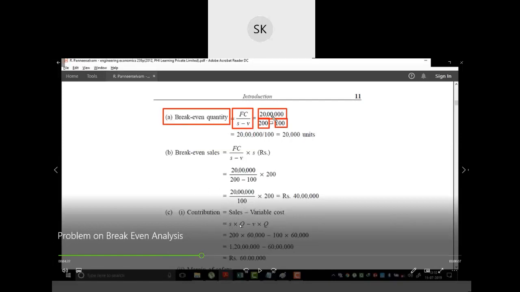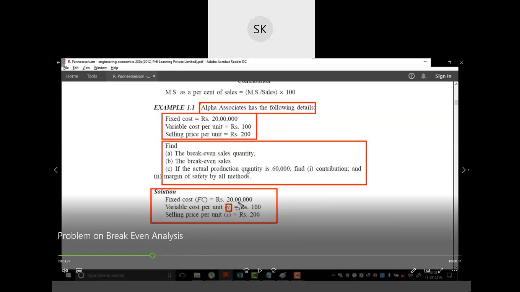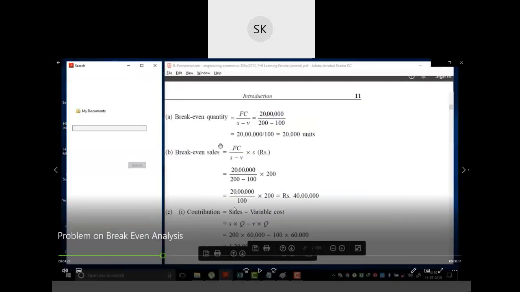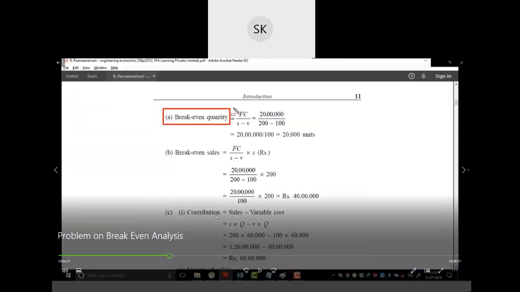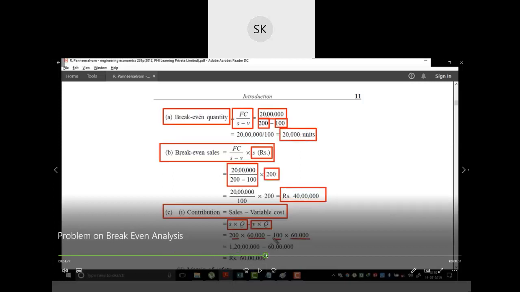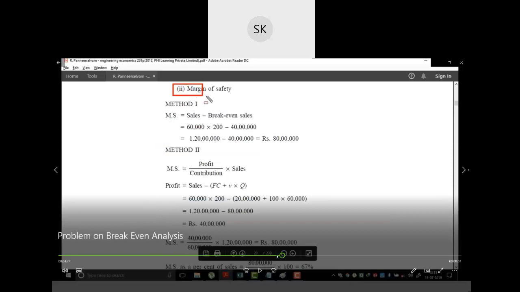So profit is equal to sales, 60,000 into 200, that is total sales, minus total cost. Total sales is equal to 120 lakhs and total cost is equal to 80 lakhs. So the total profit for the total volume is equal to 40 lakh rupees.